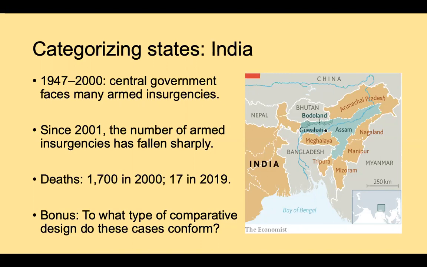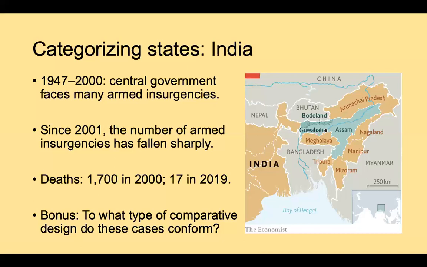And these armed insurgencies were so numerous that it severely compromised the capacity of the central government to extend control, be present in all parts of the territory, provide security, and moreover, to really have its authority accepted widely throughout the territory.